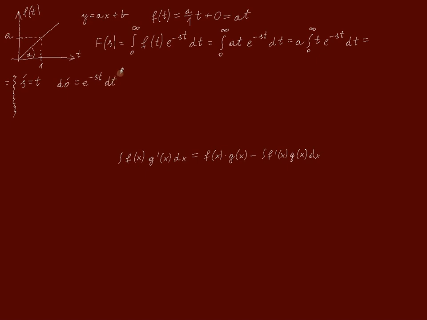From the first part, we need to calculate the derivative. And one must calculate the integral from the second part. The integral of d close to u is close to u, and the integral of e to the power of minus st dt?